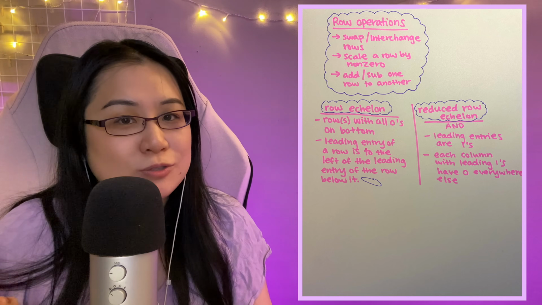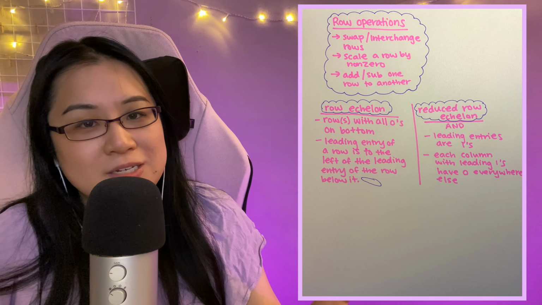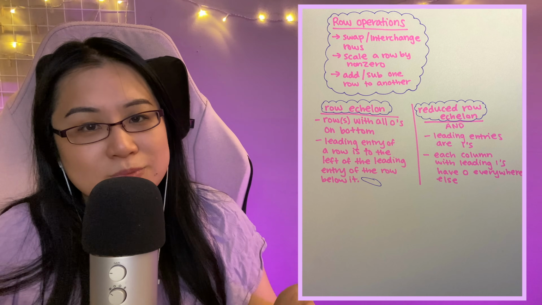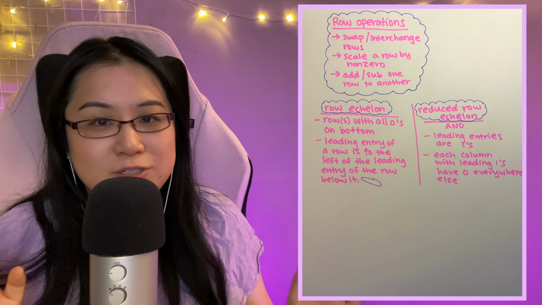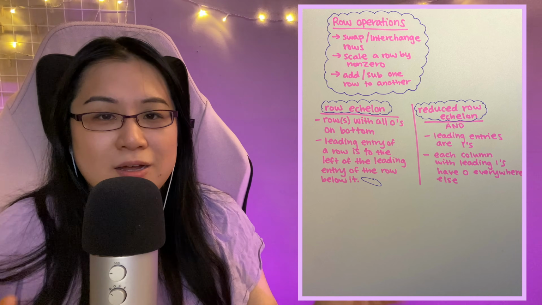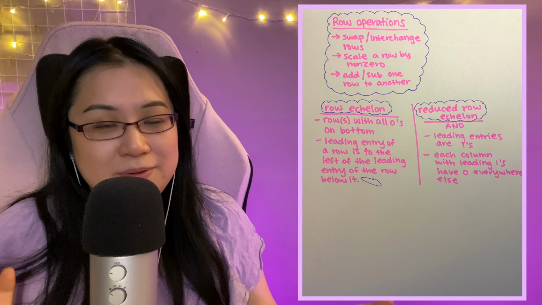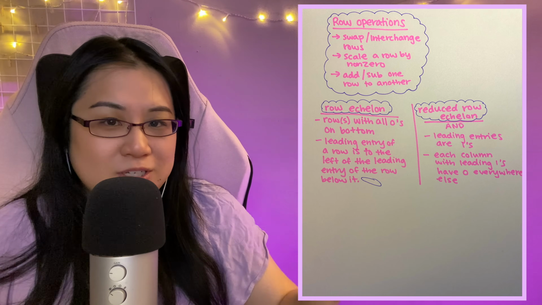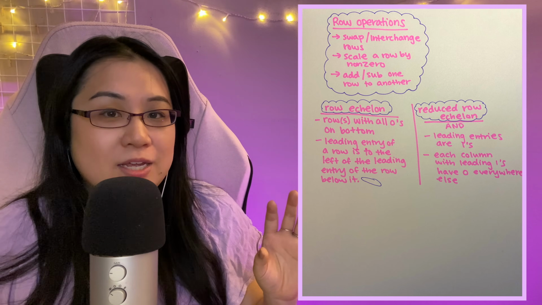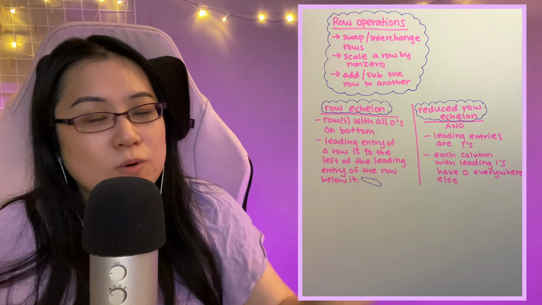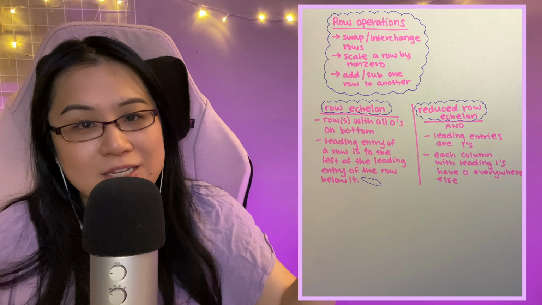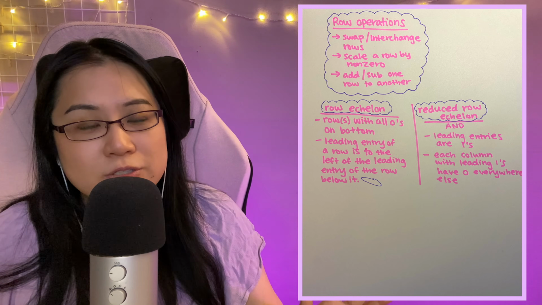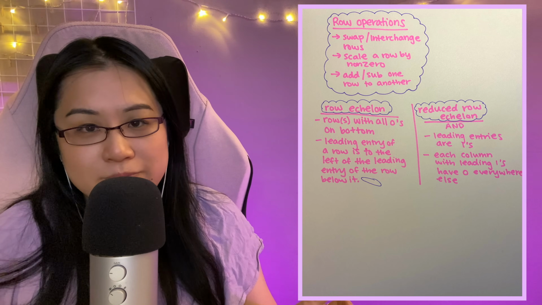And to make that reduced row echelon form, all that means is that those leading non-zero terms have to be 1. So you go ahead and scale it. That's the equivalent of the 2x equals 6 being simplified to x equals 3. So you need those leading terms to be 1. And also for the columns that contain a leading 1, you want all the other entries to be 0.